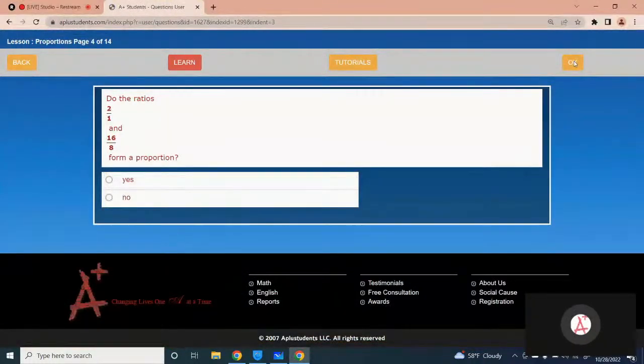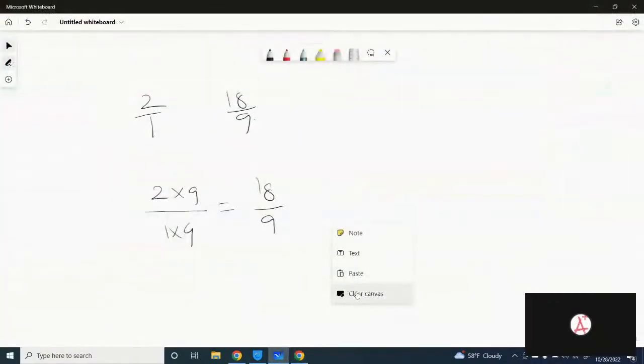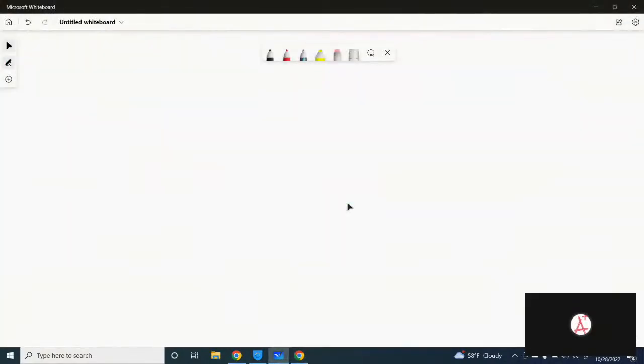Do the ratios 2 by 1 and 16 by 8 form a proportion? Yes, because 1 times 8 is 8 and 2 times 8 is 16. So when we multiply the first fraction by 8, it becomes equivalent to the second one. 2 by 1 and 16 by 8.